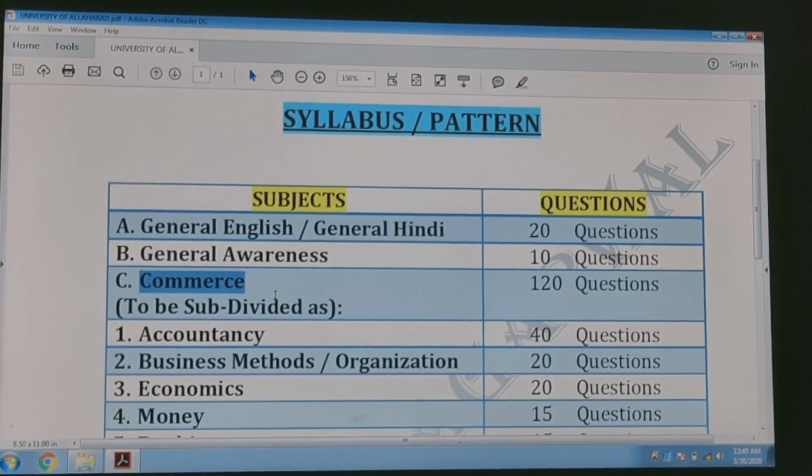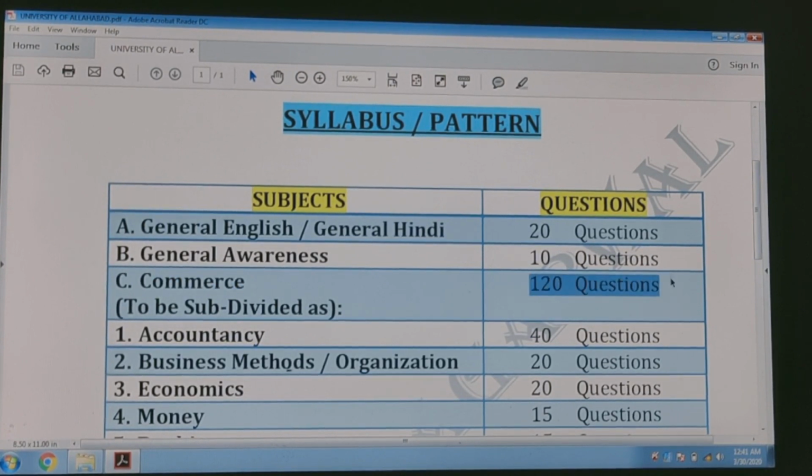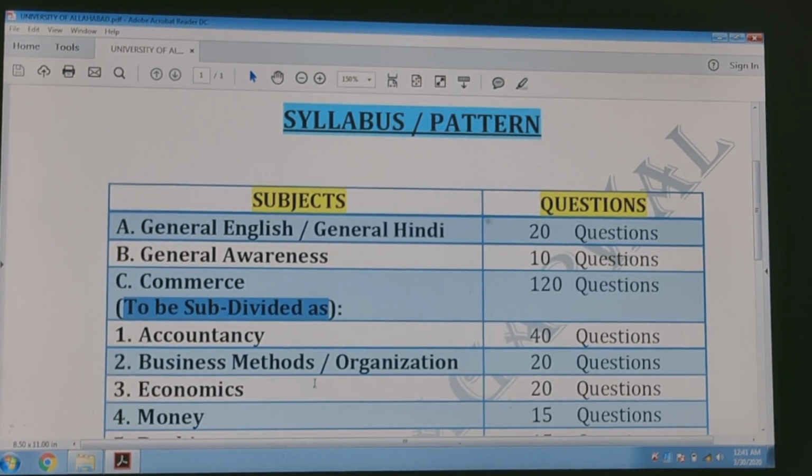It includes almost everything: accountancy, economics, everything related to commerce. There will be as many as 120 questions from commerce, and these 120 questions are going to be subdivided into various further categories.